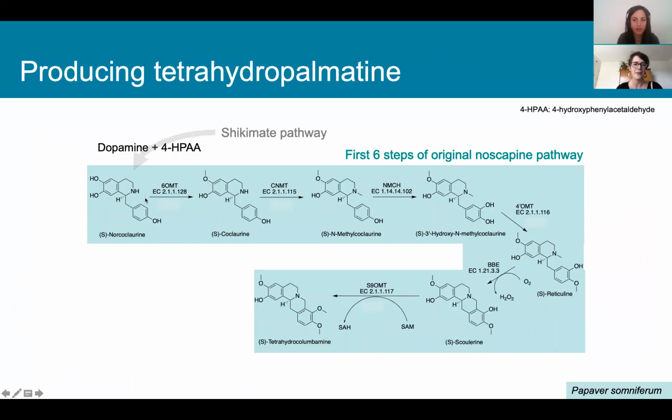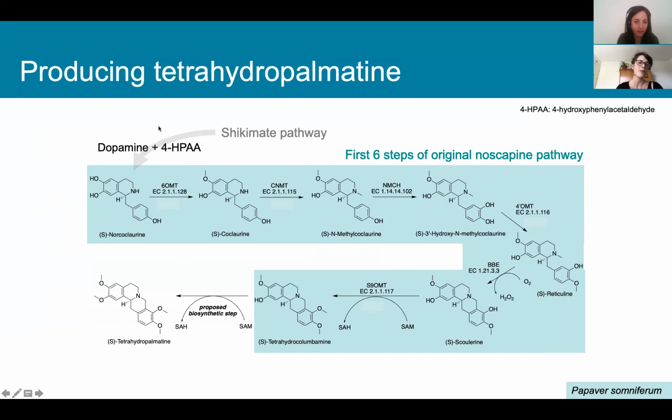Yeah, so here you have again the first part of the pathway that we used. So here is norcochlorine, the precursor compound, and then here is tetrahydrocolumbamine, which is one of the intermediates in the pathway, and from there we then wanted to produce tetrahydropalmatine.